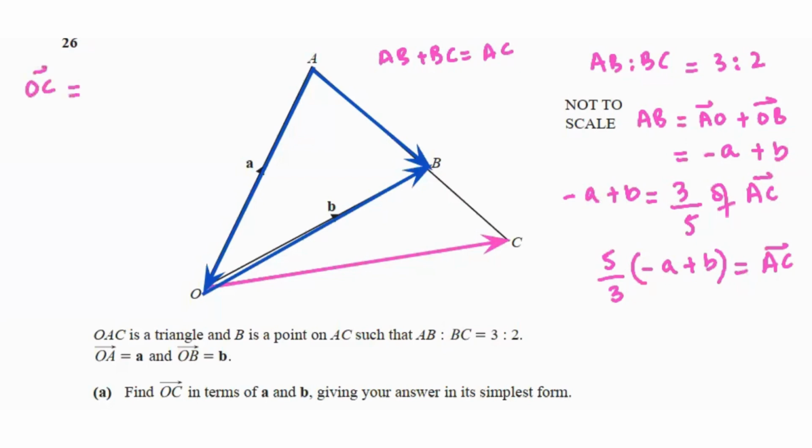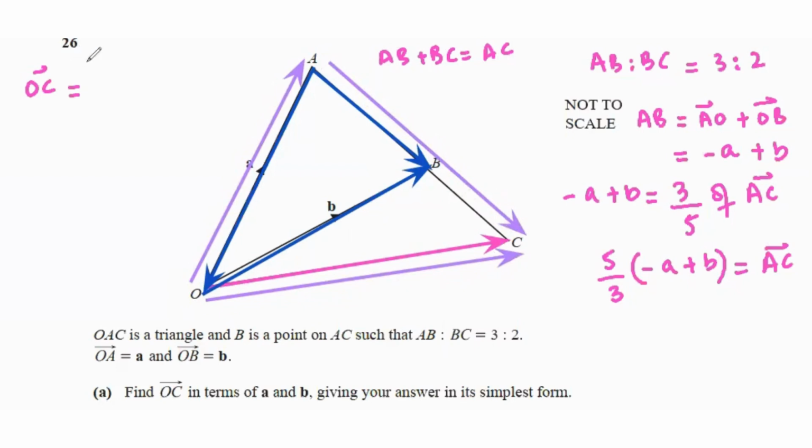So now OC will be, if we make a route for that, we can say that OC can be OA plus AC, which will give us OC. So I'm going to do OA plus AC.